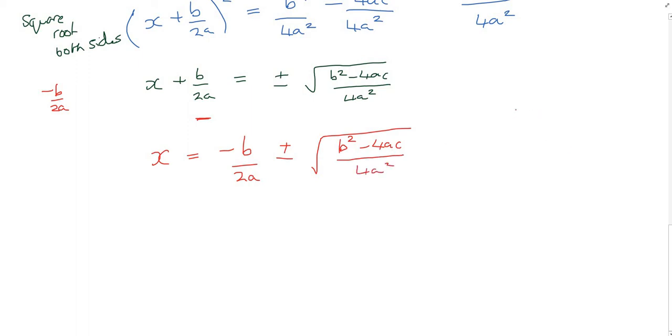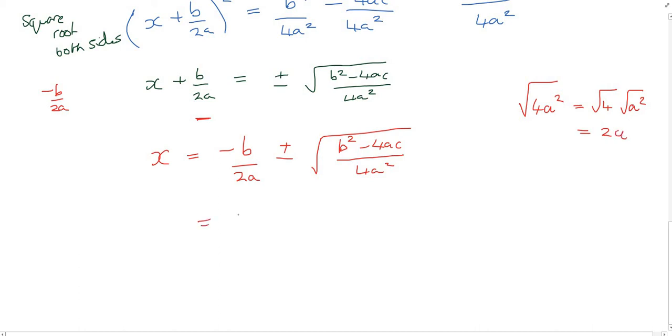Now, just off to the right here, I'm going to have a look at the square root of 4a². Well, this is the same as the square root of 4 times the square root of a². The square root of 4 is just 2, and the square root of a² is just a. So we can simplify this a little bit further. Minus b over 2a plus or minus the square root of b² minus 4ac divided by 2a.